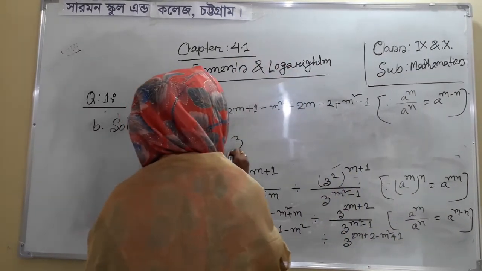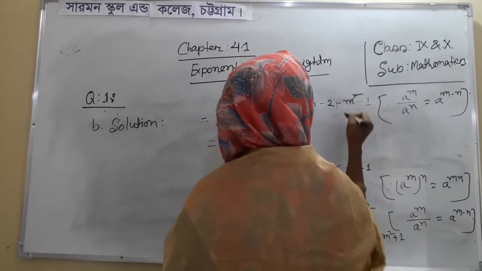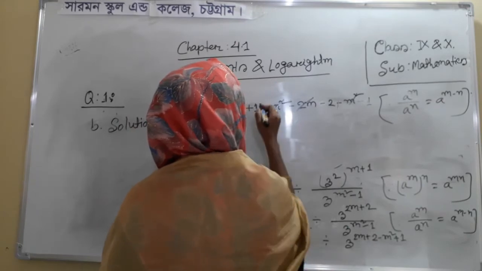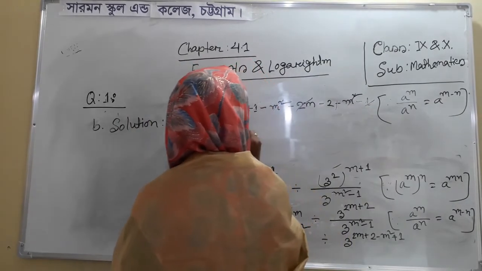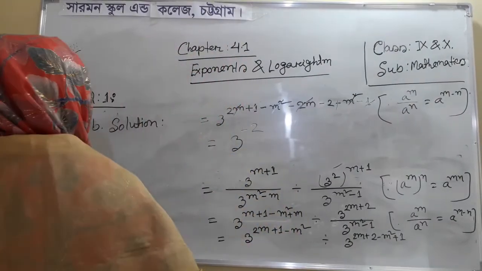Now plus 1 minus 1, 3 to the power minus 2. Now we have 3 to the power minus 2.